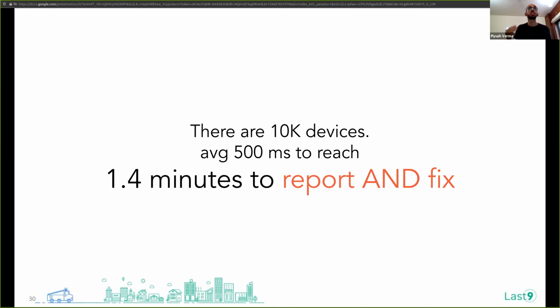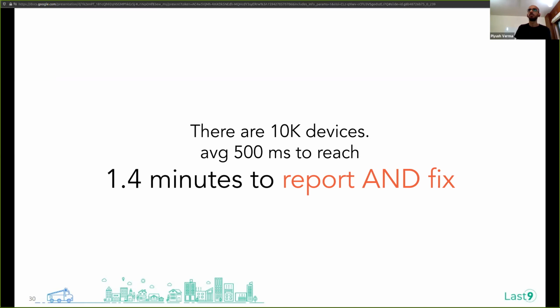The amount of compute that you'll have to spend is massive. Even if I say that you were actually able to run a pipeline which will find this data in 30 seconds, you're only left with 70 seconds now to fix the problem. Which also includes you getting alerted. So the alerts will also have their own cycle. The maths here is simple. It's not possible. This can't be done.